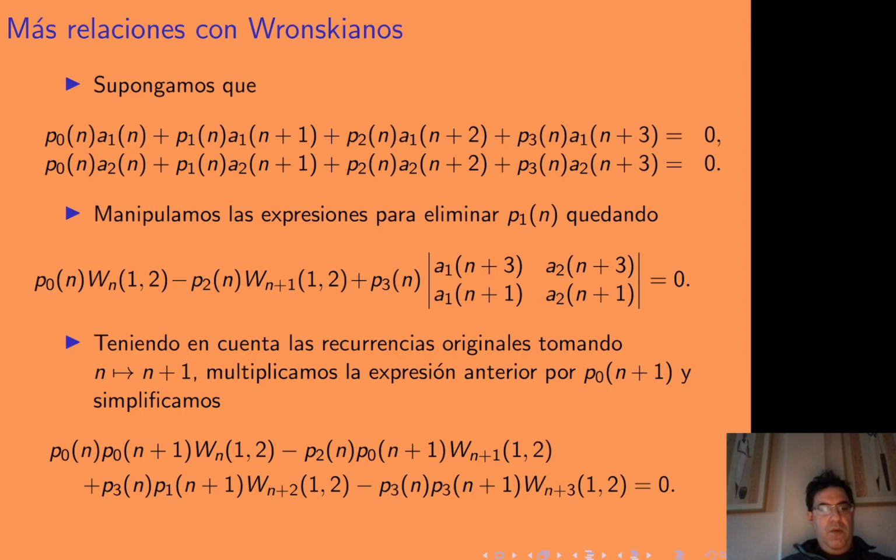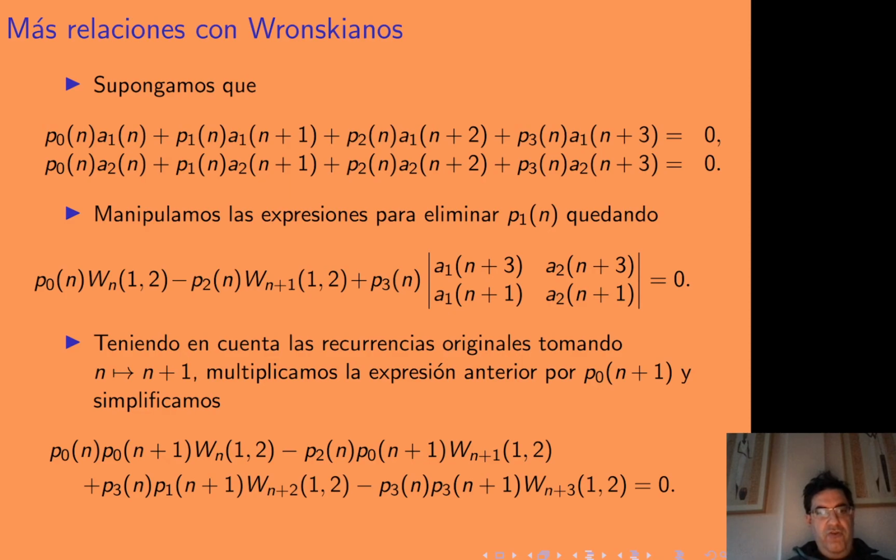Well, what you do is write both equations replacing n by n plus 1, right? So you have p0 n plus 1, a sub 1 n plus 1, and so forth, and the same thing here. So p sub 0 n plus 1, a sub 1 n plus 1 can be written like these three elements, right?